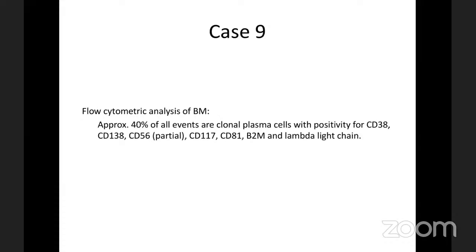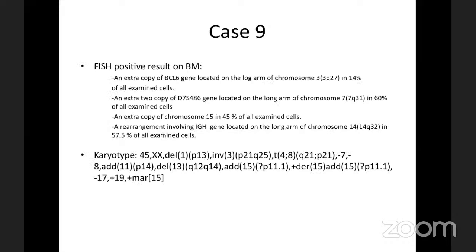It was a better sample and more cellular, and we detected 40% clonal plasma cells with lambda light chain restriction. Peripherally, there were 24% circulating plasma cells, which goes with the diagnosis of plasma cell leukemia. The patient was found to have a complex karyotype. And finally, plasma cell leukemia was called out.